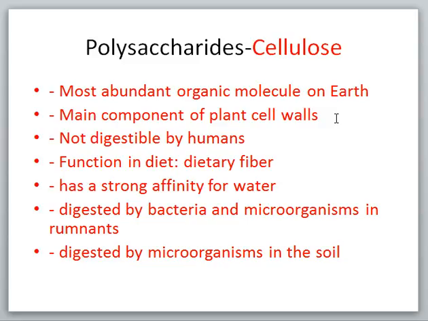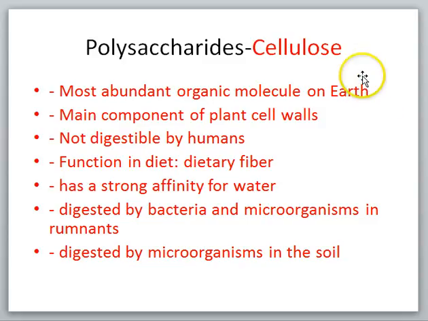And in those plants, each cell is surrounded by a cell wall, and that cell wall is predominantly cellulose. So that's what allows this to be the most abundant organic molecule on Earth.